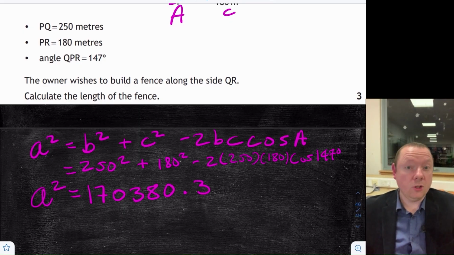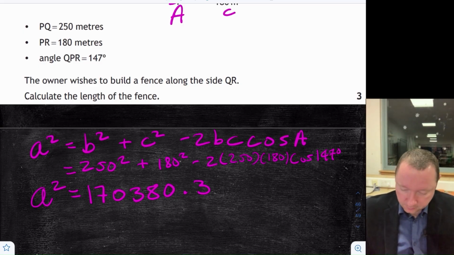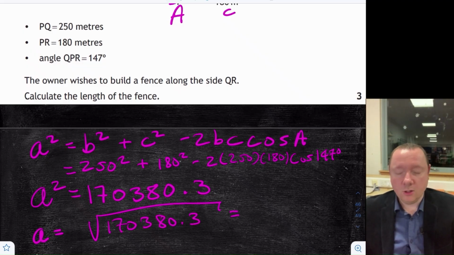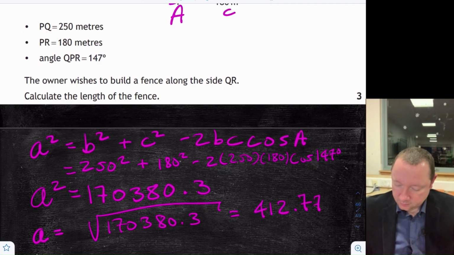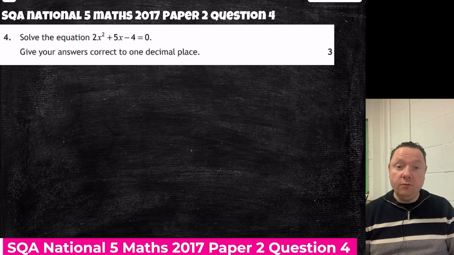So that's just got 2 marks so far, substituting and getting A squared. So now just calculate our A. The square root of 170,380.3, and you get an answer of 412.77 meters.